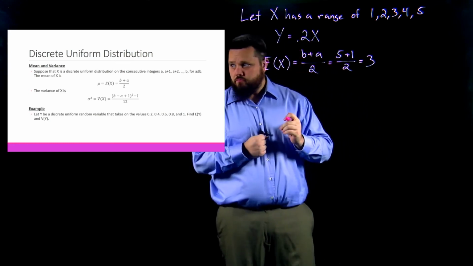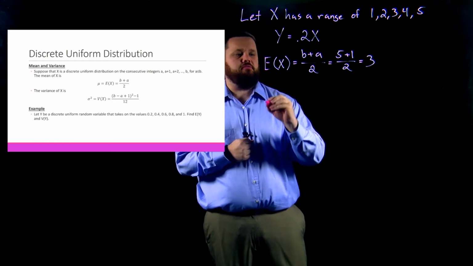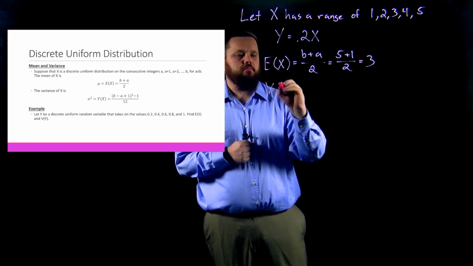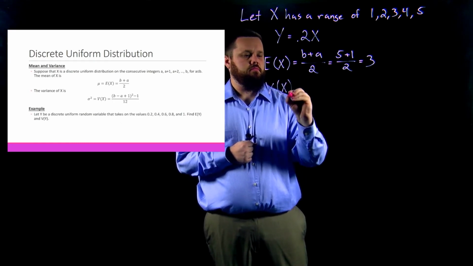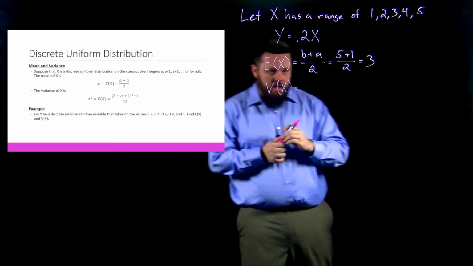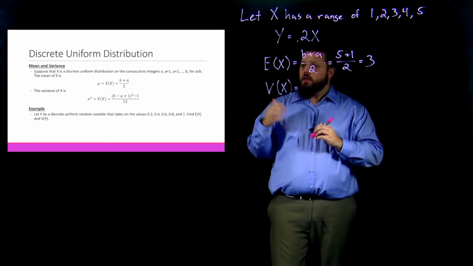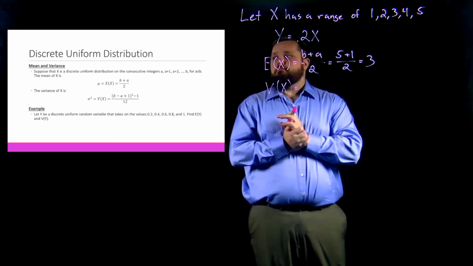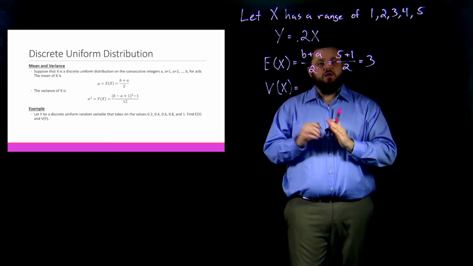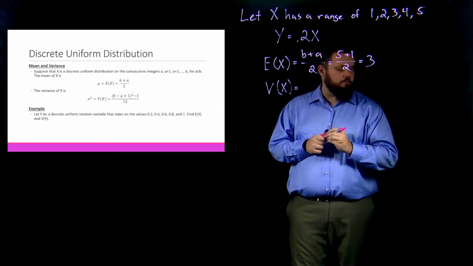Now, we can also use these formulas to find the variance of x. By definition, our variance is (b minus a plus 1) squared, minus 1, divided by 12.